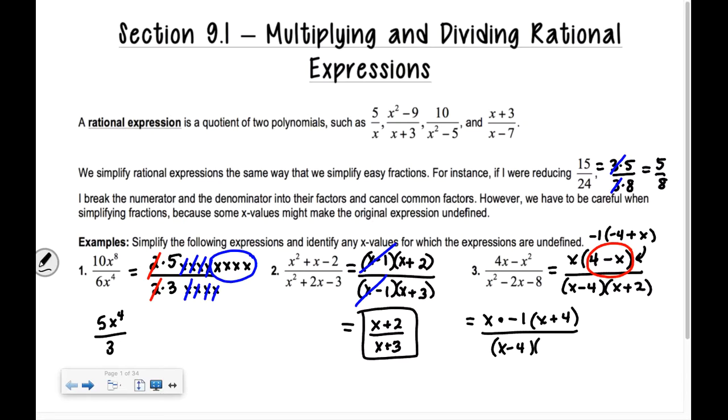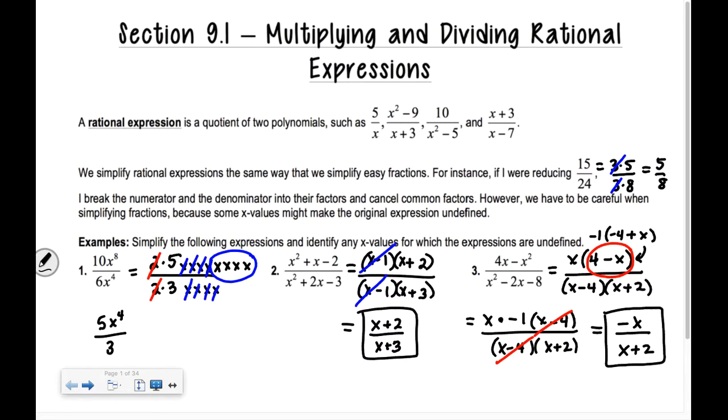Or, yeah, oh, x minus 4. Darn. x minus 4. Eric got a bonus point. He caught me. All right, and then on the bottom, I have x plus 2. So now can we cancel? Yeah, we can cancel that x minus 4, right? So our final answer is going to be -x on top over x plus 2. Done.